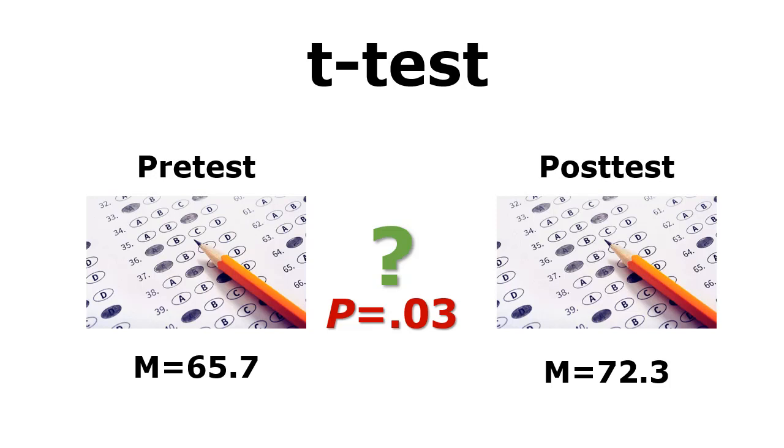A p-value of 0.03 means that there's only 3 chances out of 100 that the difference in means is due to chance. So with that p-value, you could pretty much state emphatically that scores increased significantly. And that's when we use the word significant.